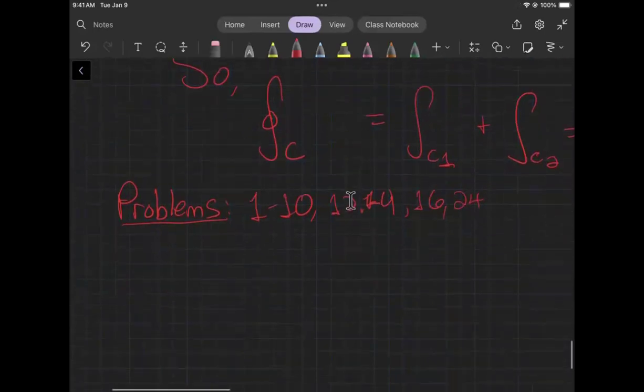That's good enough. This is on page 243. For next time, we're going to be looking at complex integration.